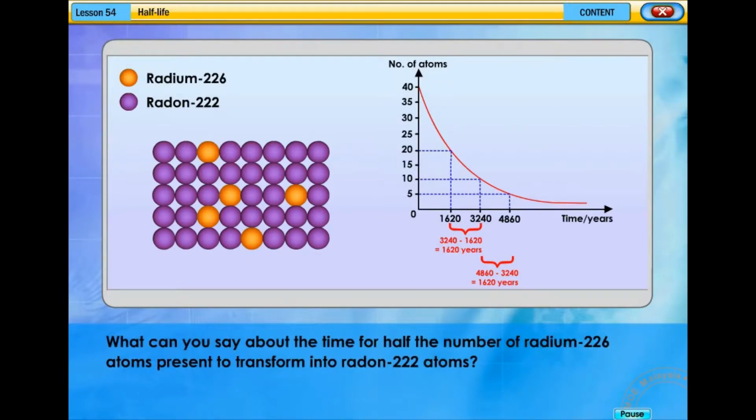What can you say about the time for half the number of radium-226 atoms present to transform into radon-222 atoms?